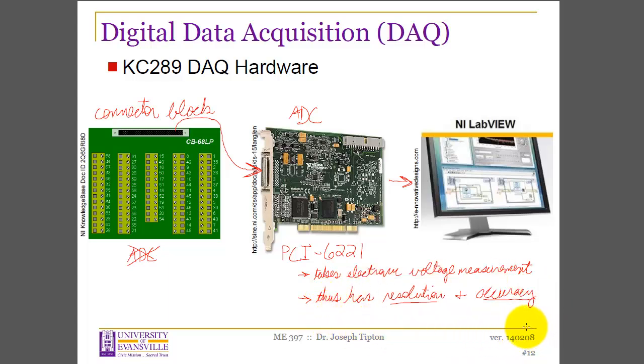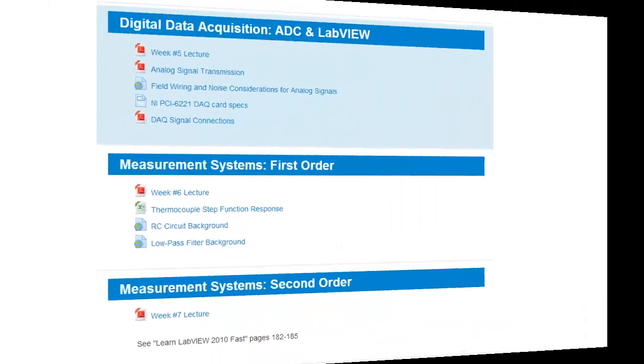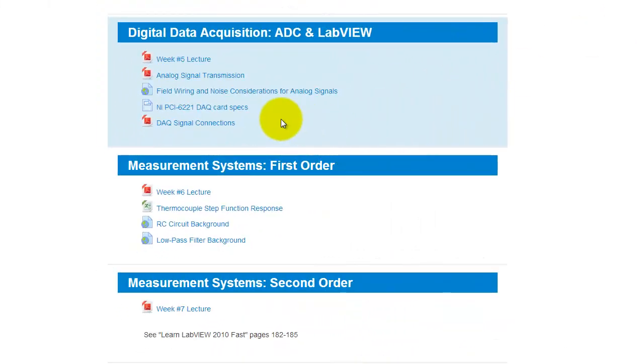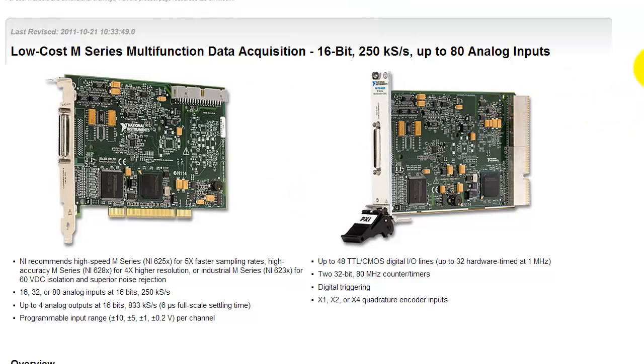So let's take a look at a little bit more at that. You can use the course website as a link to the National Instruments PCI 6221 DAC card specs. So we can follow that link, and that brings us to the National Instruments website.